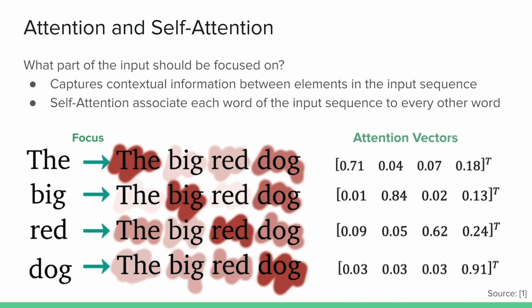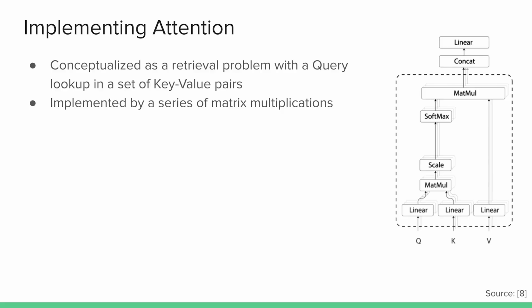In this example, we could come up with attentions that look like this. The question is, how do we get there? How do we get these attentions? Because that obviously seems to be the tricky part, to compute these attentions. If we have them, we can do a lot of wonderful things with them because we now understand how words relate to each other. How we implement this is by first conceptualizing this as a retrieval problem.